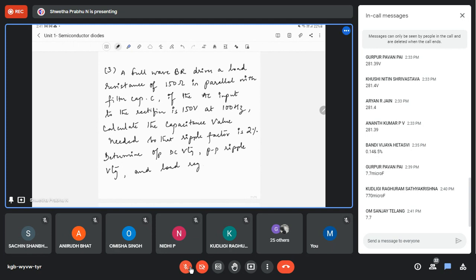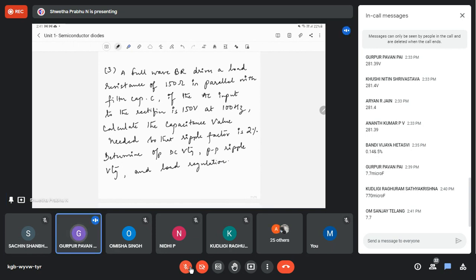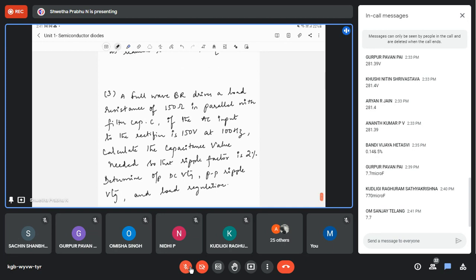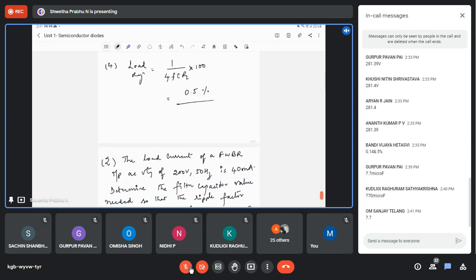Guys, is it over? Ma'am, one doubt. In the formulas you gave, is that already in the form of percentage, or should we multiply by 100? No, you should multiply by 100. It is only 1 by 4 root 3 FC. What did I give? 1 by 4 FCRL.